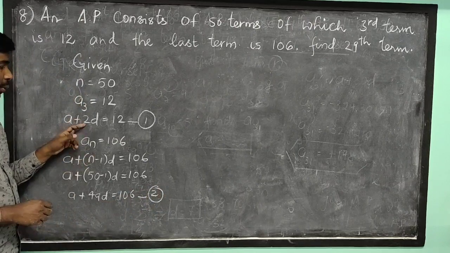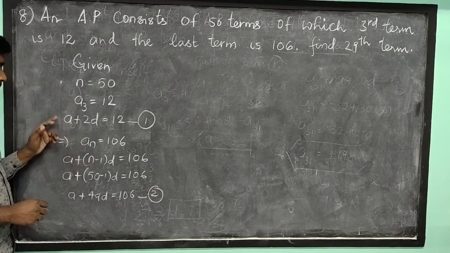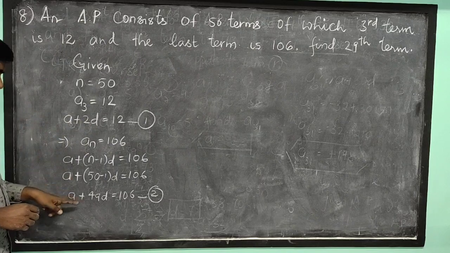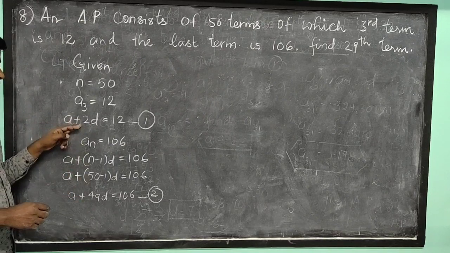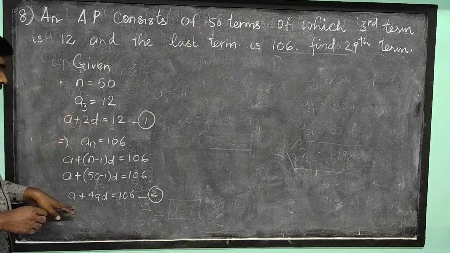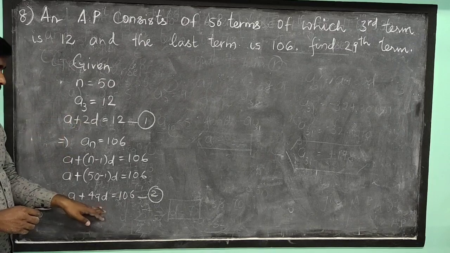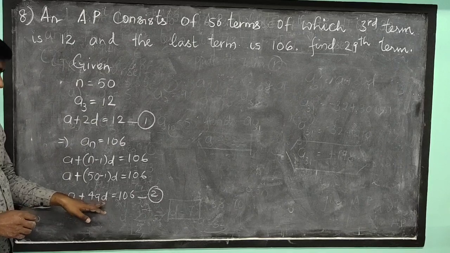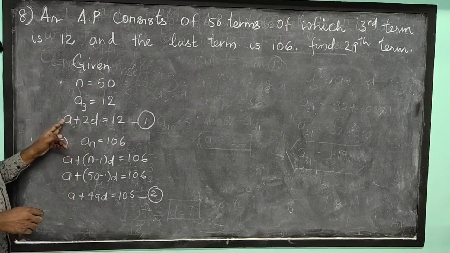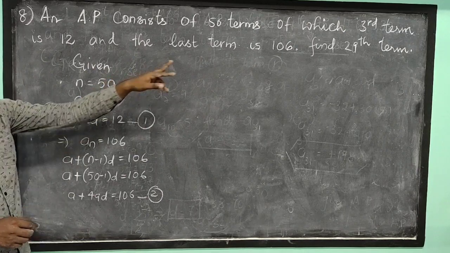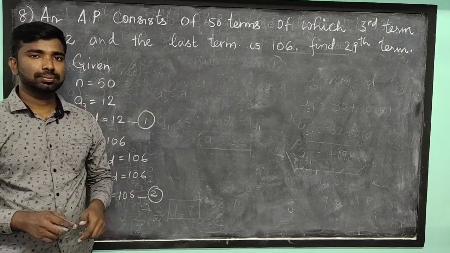Now we have two equations and two unknowns, A and D. Now subtract equation 2 minus equation 1, same as the previous problem, to cancel out A and find the value of D. After finding the value of D, substitute in either equation to get the value of A. Using the values of A and D, we can find the 29th term.